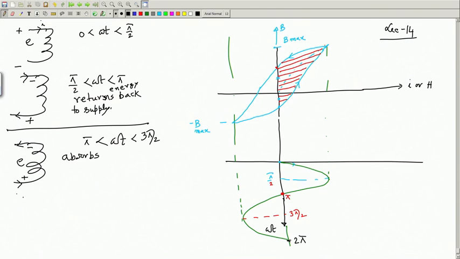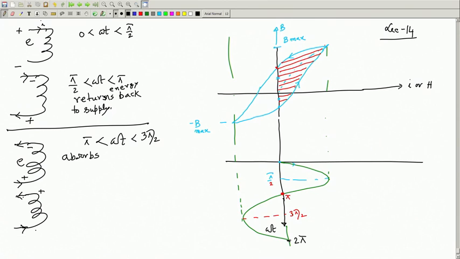And finally, between 3 pi by 2 to 2 pi, the situation is current is still negative. So, it will be like this. But dI/dt is opposite. So, it will become like this.